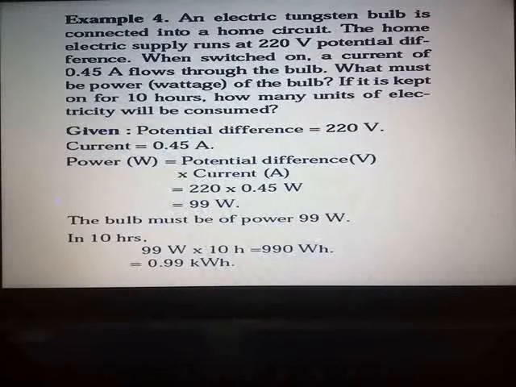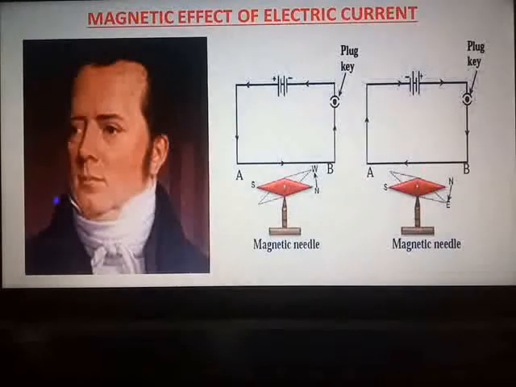Our next topic is very, very important: magnetic effect of electric current. What do you mean by magnetic effect of electric current? You can see here a photograph of Hans Christian Ørsted. He was a scientist who worked in the 19th century and played an important role in understanding electromagnetism.